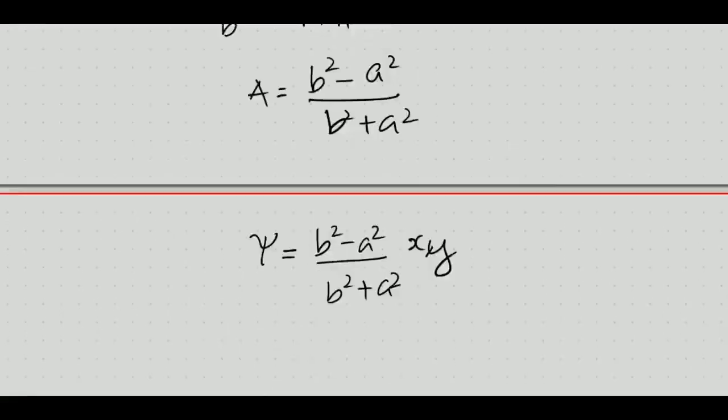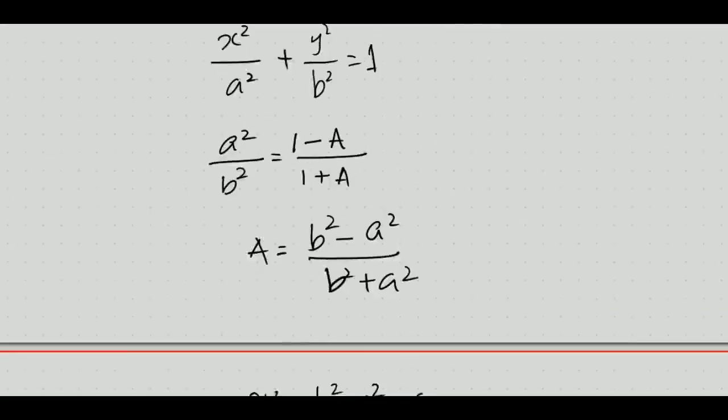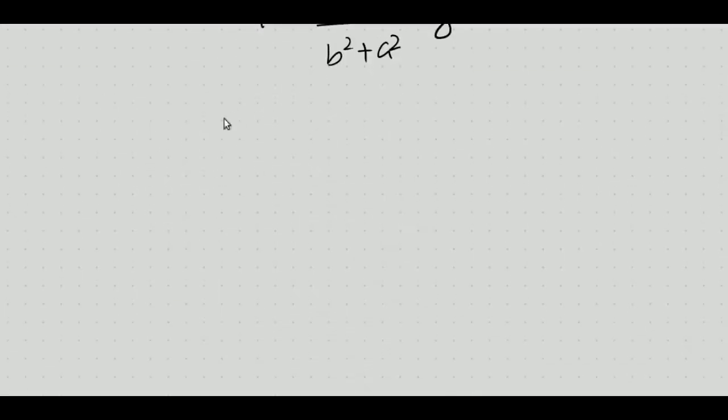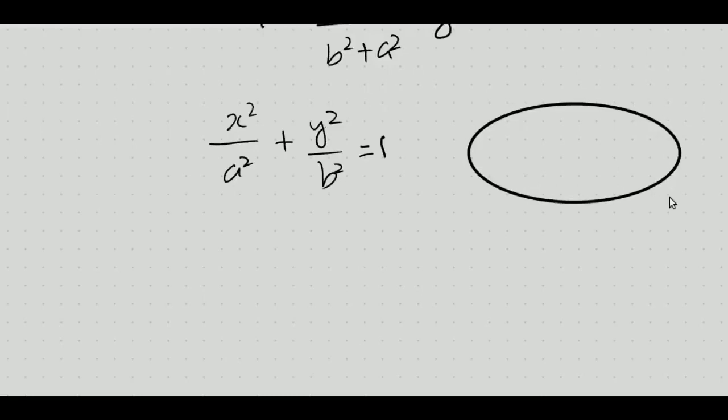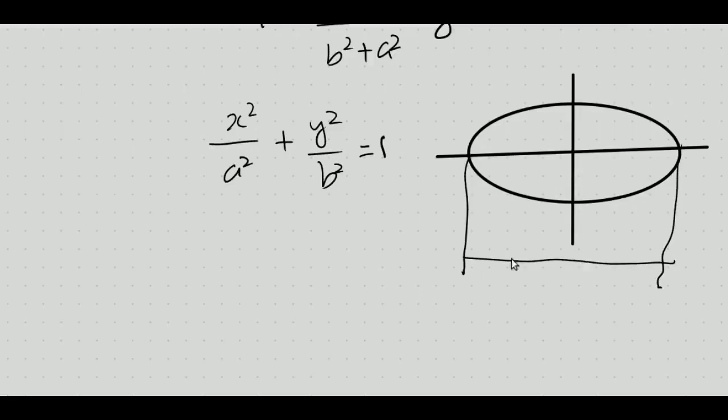Now we will come back to the boundary condition, which we have written in the form x square by a square plus y square by b square is equal to 1, which represents the equation of an ellipse having major and minor axes 2a and 2b.